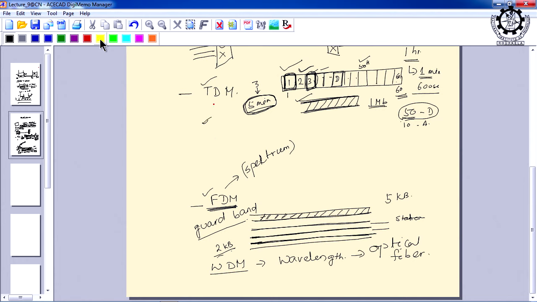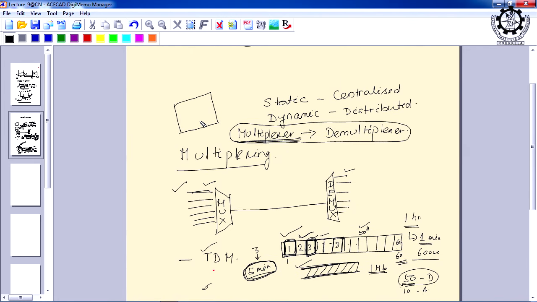What all these techniques do is they come under the static or centralized kind of channel allocation method, which has a drawback of not providing sufficient resources to any station that has data to transmit or is ready to use more of the channel resources.